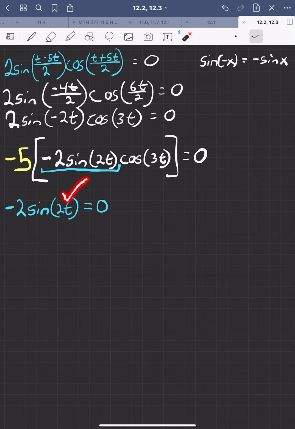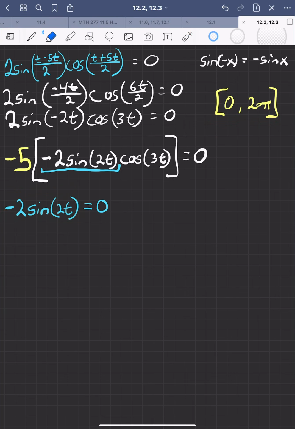But it's fairly simple. Remember your interval. It's from 0 to 2 pi. So we're only interested in the t values from 0 to 2 pi. And all it is is using the period of the sine curve.